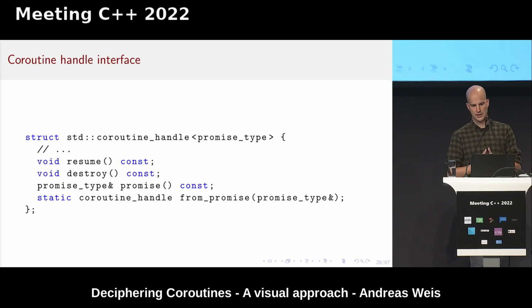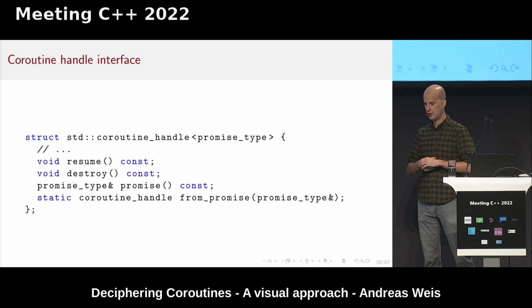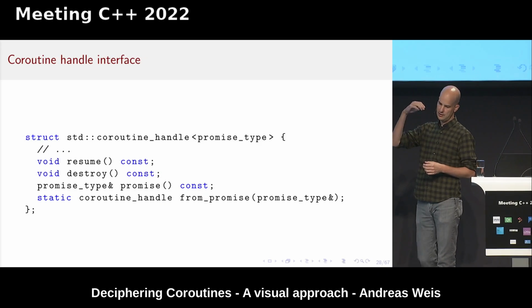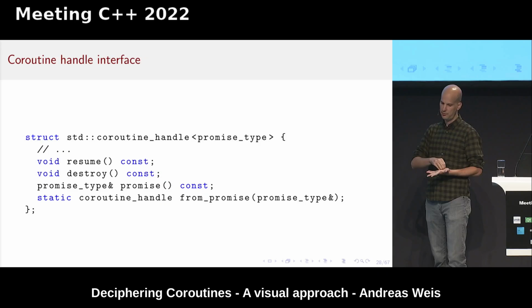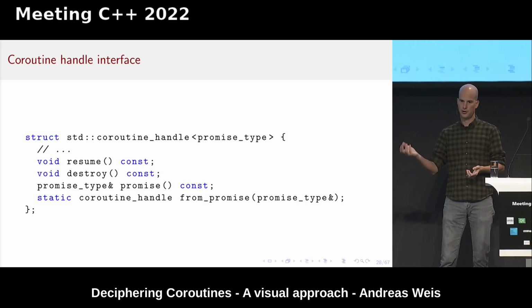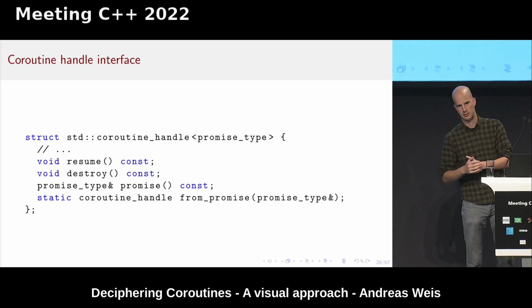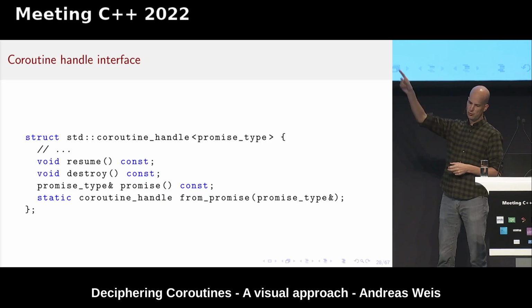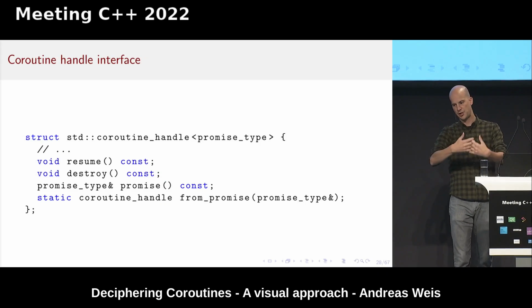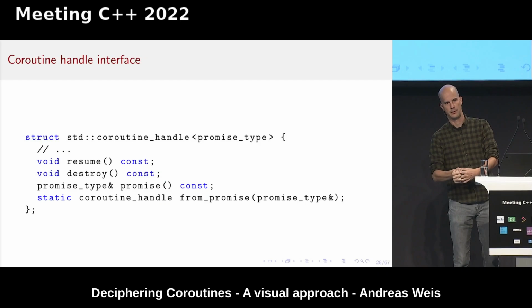And then the other two functions that we have here are just conversion functions that allow us to convert the coroutine handle to the promise type, or a static function to construct a coroutine handle from a promise. And those last two only work if we use the version of the coroutine handle that is specialized on the promise type.